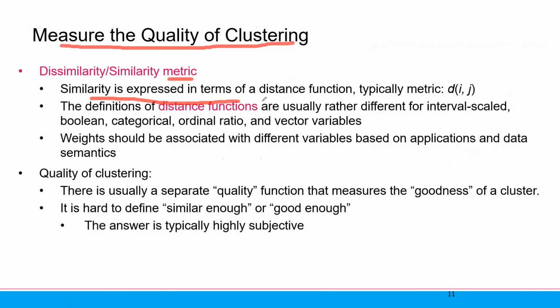Similarity is expressed in terms of a distance function, Dij. The definition of distance function is usually rather different. For the interval scale, the interval scale is any numerical number, and it's also different for Boolean.